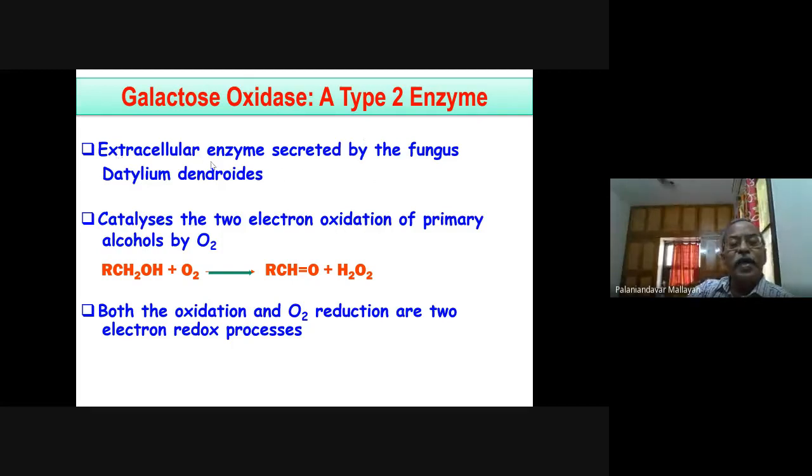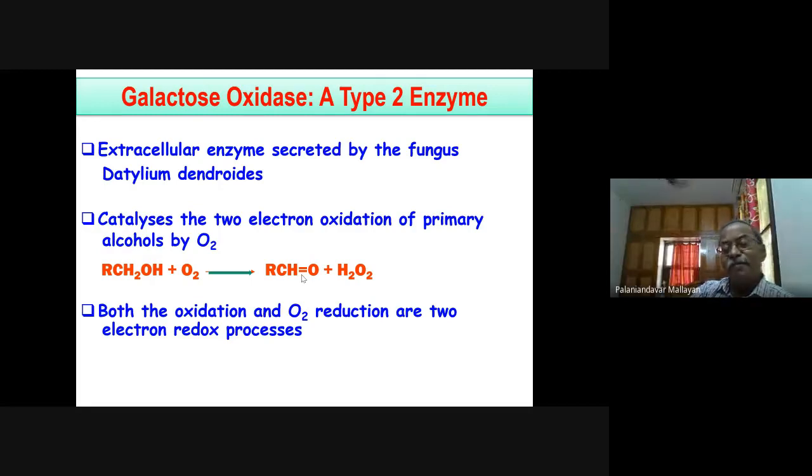This enzyme is an extracellular enzyme secreted by the fungus, namely Dactylium dendroides. Right? They catalyze the 2-electron oxidation, not 1-electron oxidation, 2-electron oxidation of primary alcohols by O2, dioxygen. So alcohols are oxidized by dioxygen to aldehyde stage.